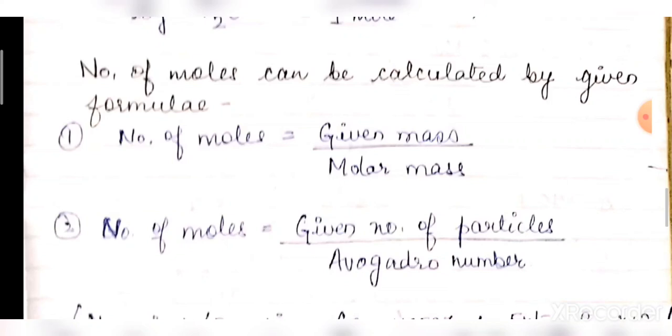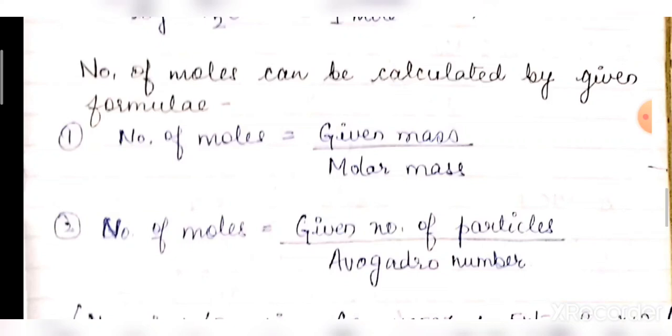So like this we can calculate the number of moles with the help of these formulas. You can go through the solved examples which are given in your NCERT book for further understanding, and also you can go through the NCERT questions which are unsolved but related to moles.